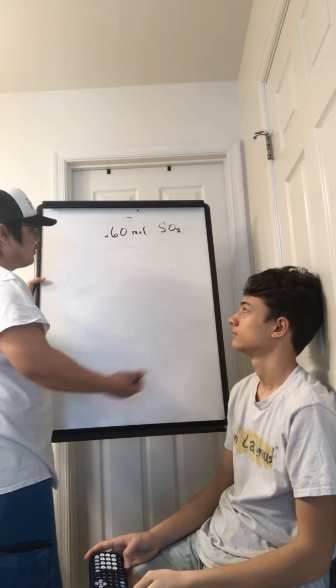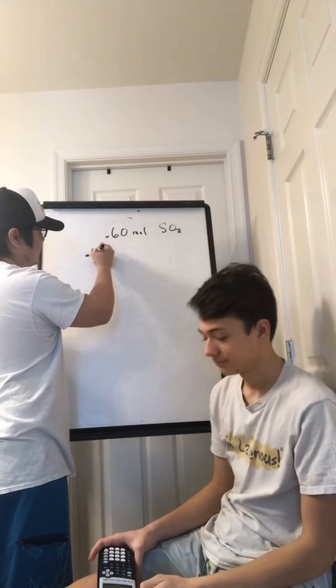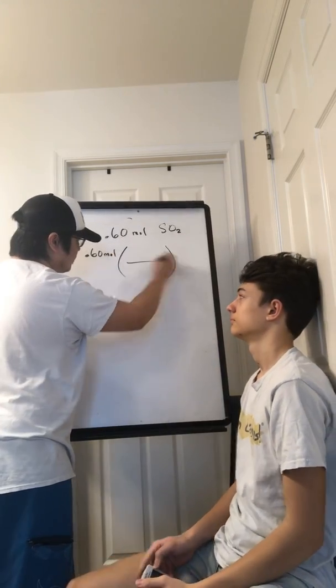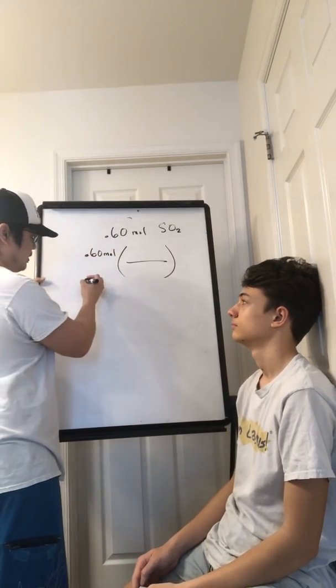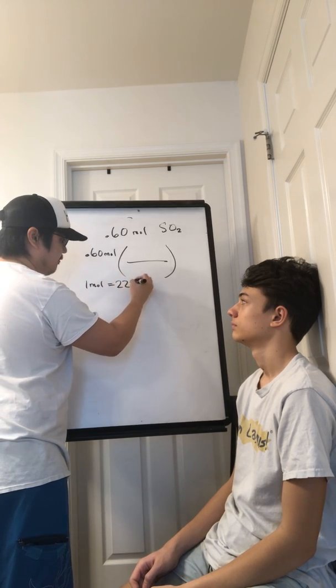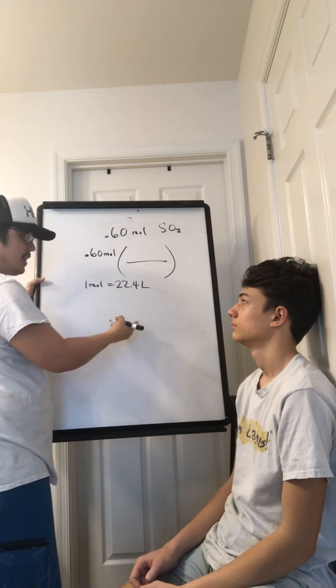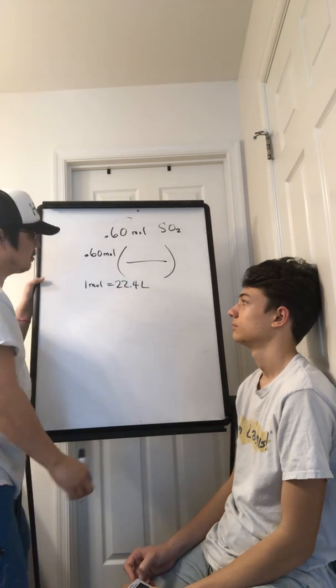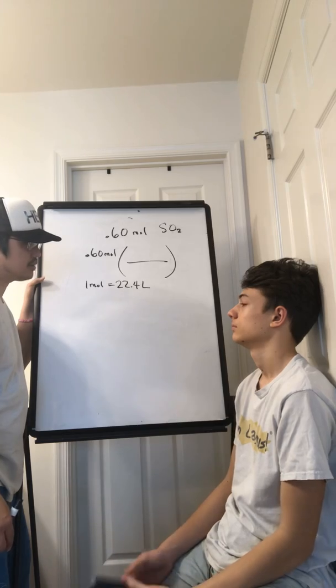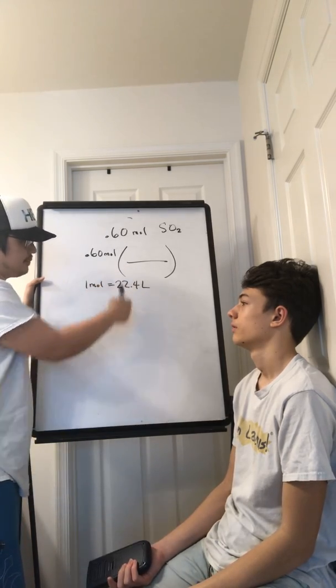Yeah. All right, cool. So we start off with 0.60 moles, and we have a conversion factor. I'm going to give you the hint: 1 mole is equal to 22.4 liters in terms of a gas at STP. So which goes on top, the moles or the liters? Which one goes on the bottom? The moles.